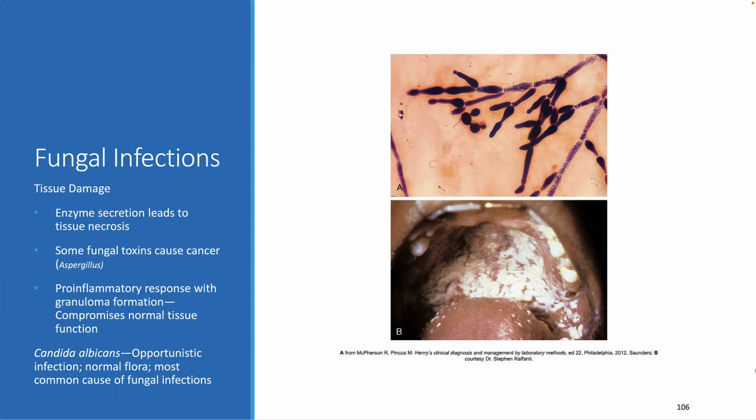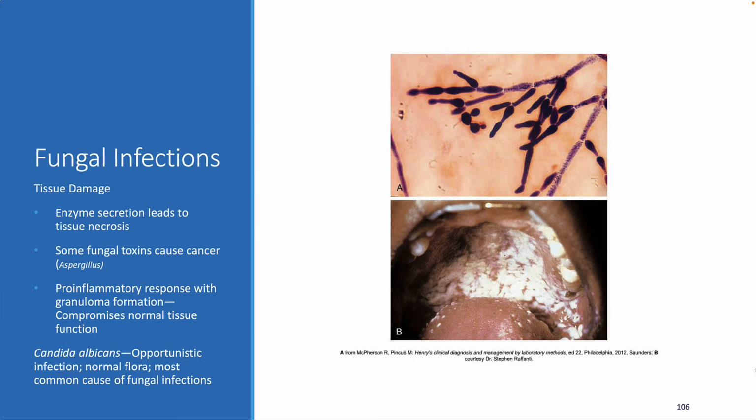Here's some examples. This, of course, is Candida, and it's an opportunistic infection where there's normal flora, but this Candida overtakes that normal flora and grows out of control.